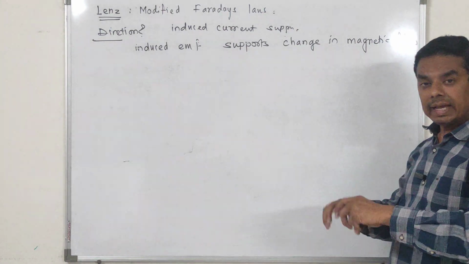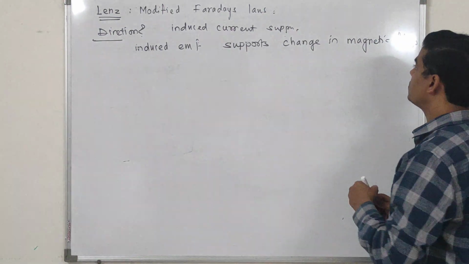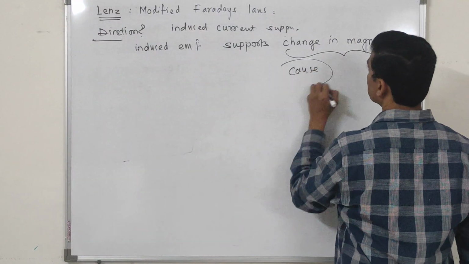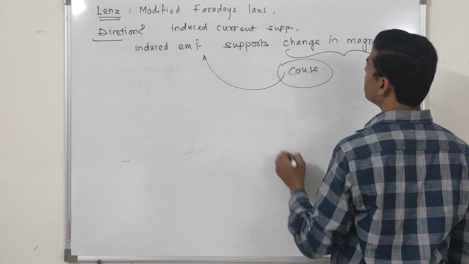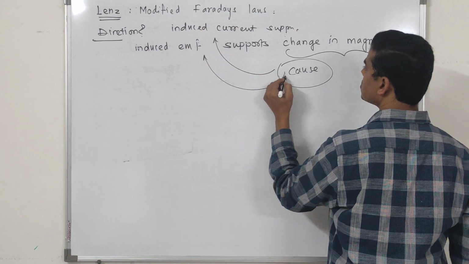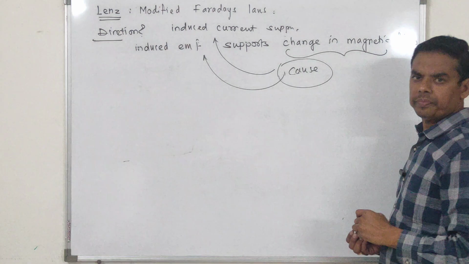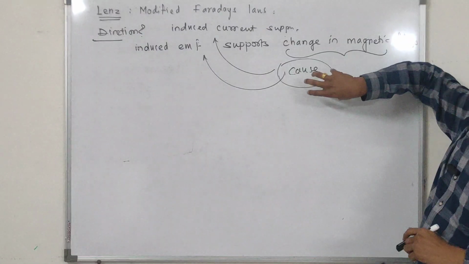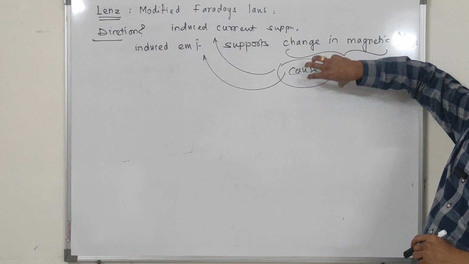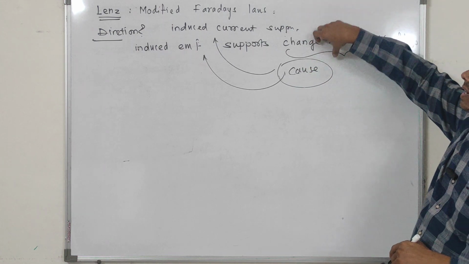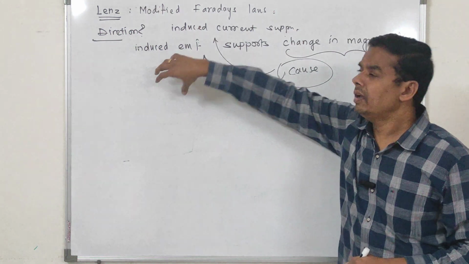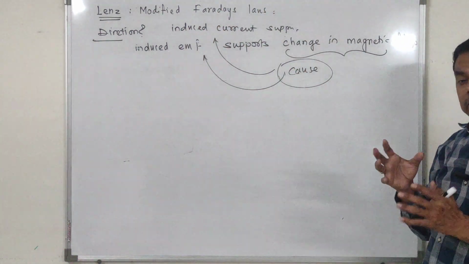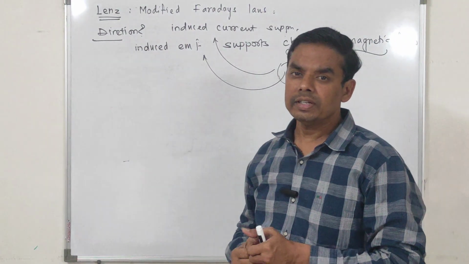But if they support that particular cause which produces them, what is that cause? Change in magnetic flux. It is the cause of induction of EMF and induction of current. So if these two support their cause of production, then this will again increase the induced EMF and ultimately the induced current, and the process will go on, which is a contradiction to the law of conservation of energy.